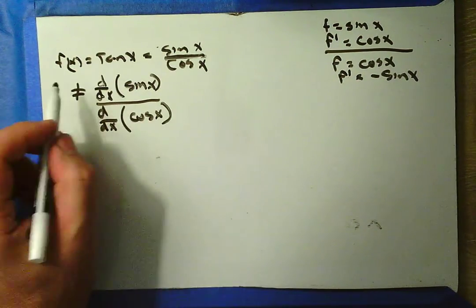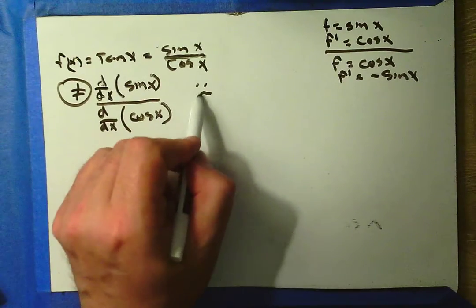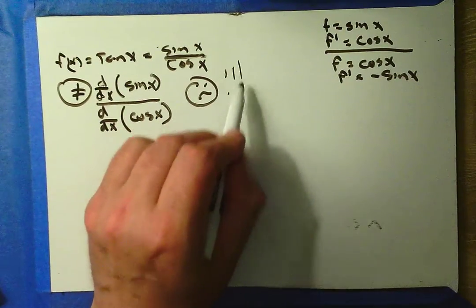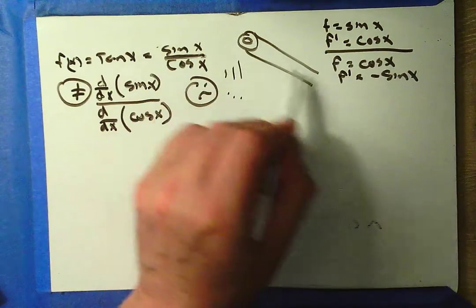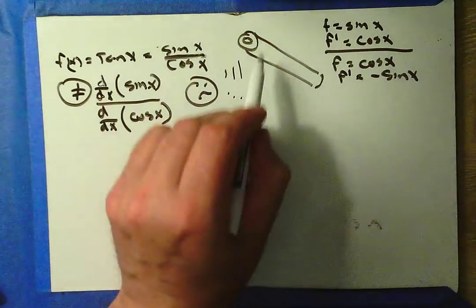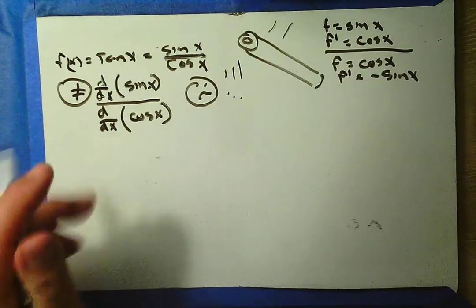This is not what the derivative of tangent is. That's bad. Don't do that. No, no. Where's my big pool noodle? This is worse than pool noodle if you do this. Stop it. Okay, so how do we figure it out?